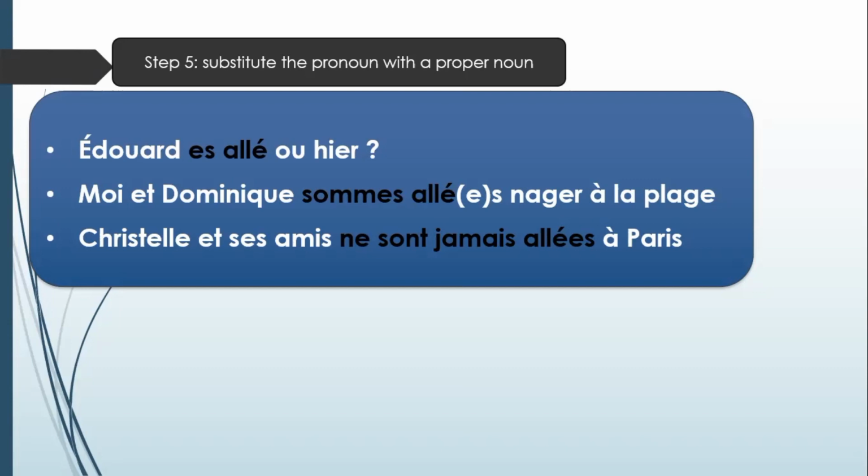When it has that accent grave, it means where. So it means where did Edward go to yesterday? Hier means yesterday. So it's as if I am asking, okay, Edward, where did you go to yesterday? You understand?